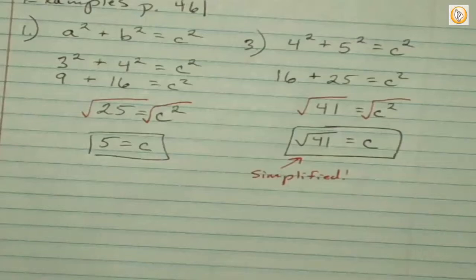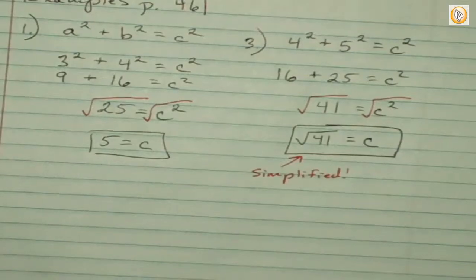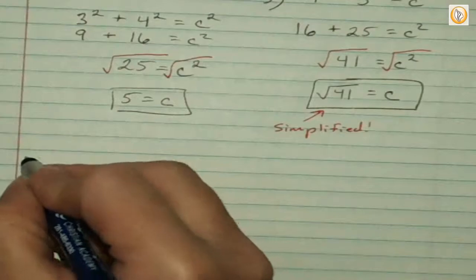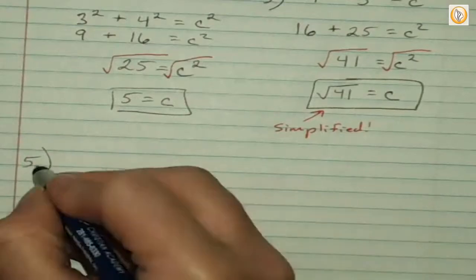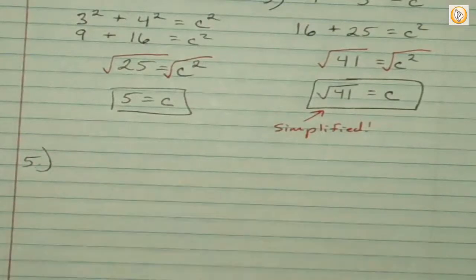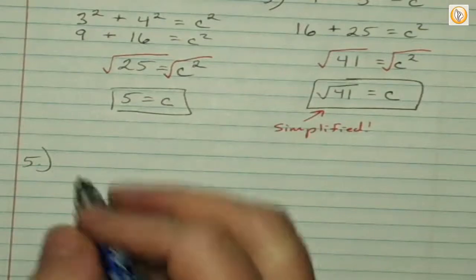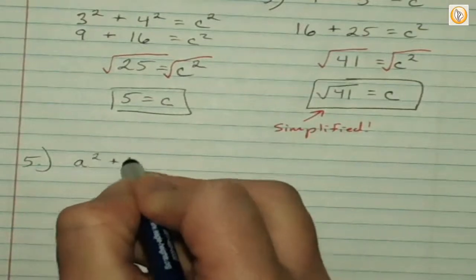Any questions? I want to show you that in case you get there so you know what to do. Got it down, Valeria? You sure? Because you're doing the next one. Number 5. This time they gave us C, and we're looking for B. So again, here's my formula.